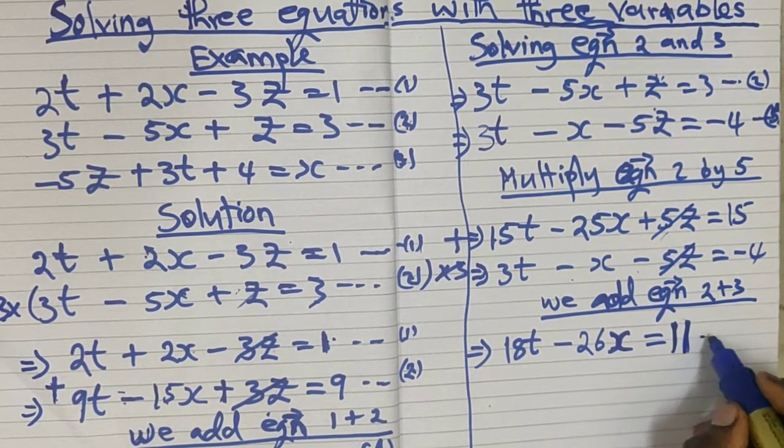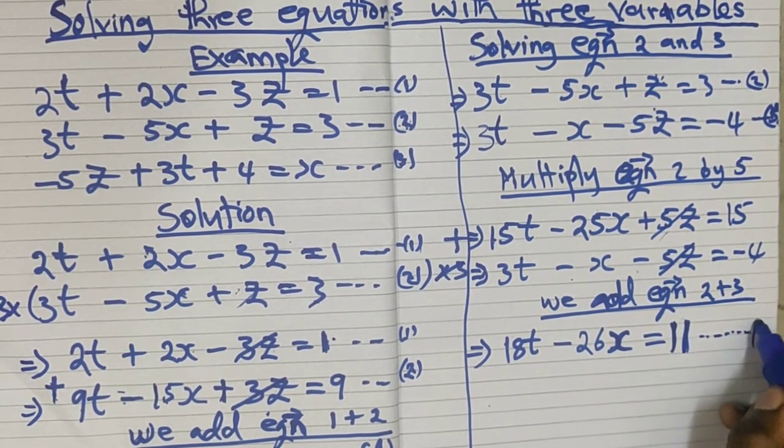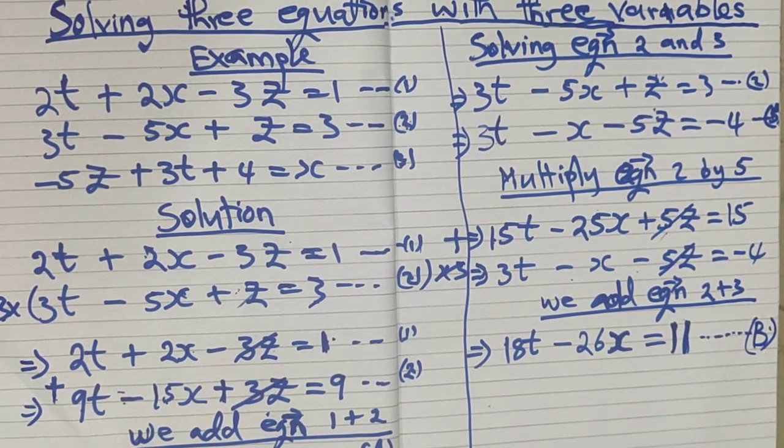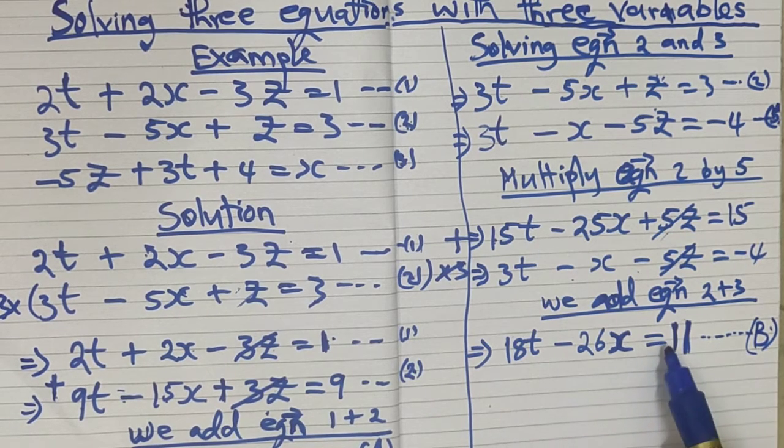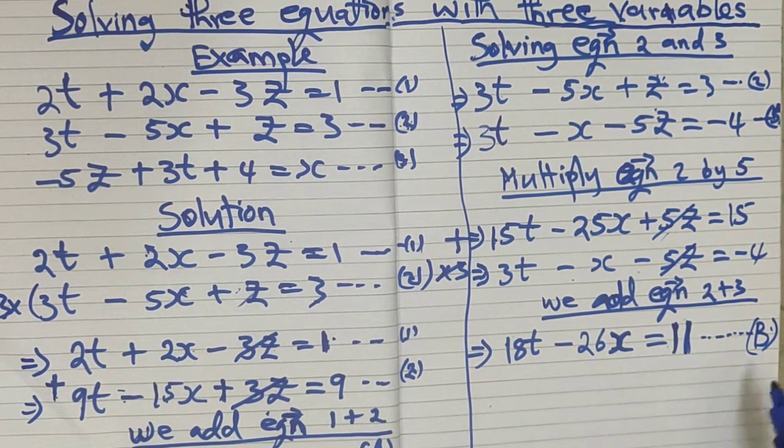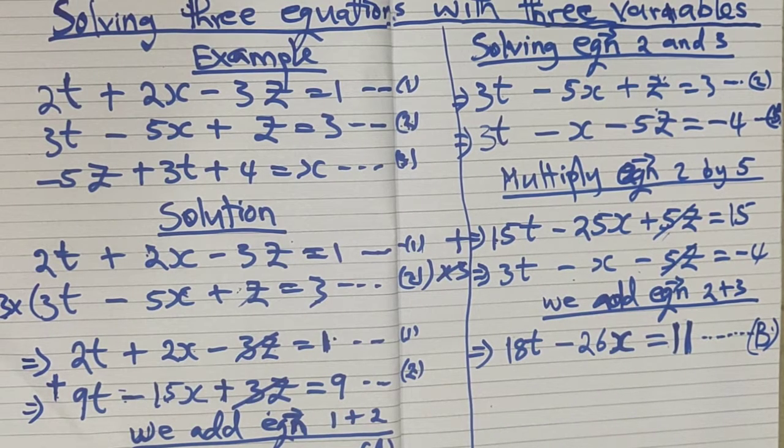So we are going to name this one, let's just say equation B. So now, as you can see, we have come out with two equations, equation A and B. So we are going to solve equation A and B simultaneously, depending if you like to use elimination or substitution method, depending on your choice.